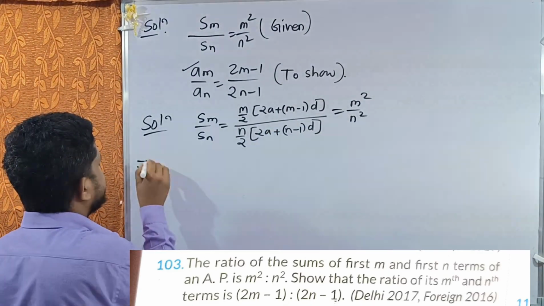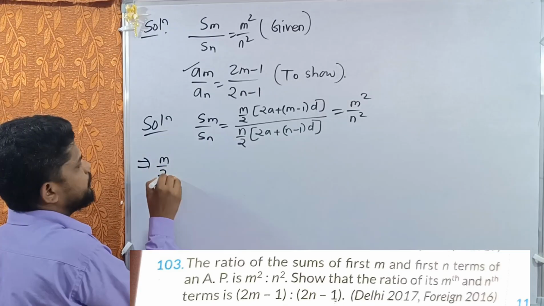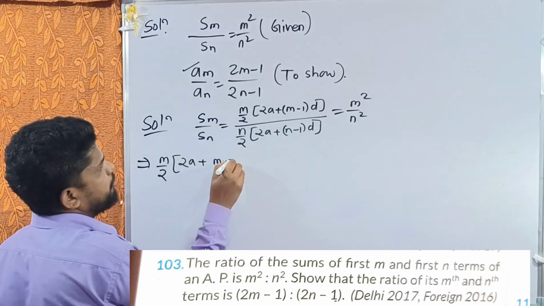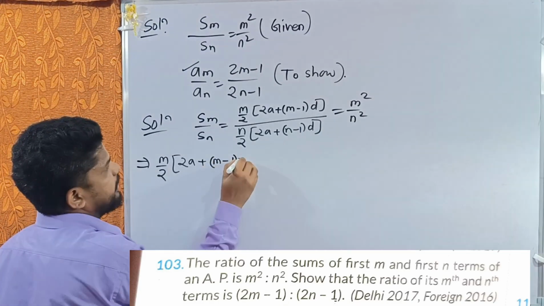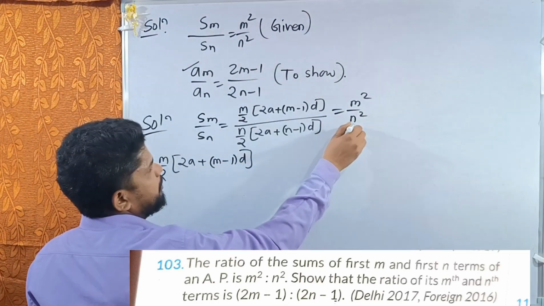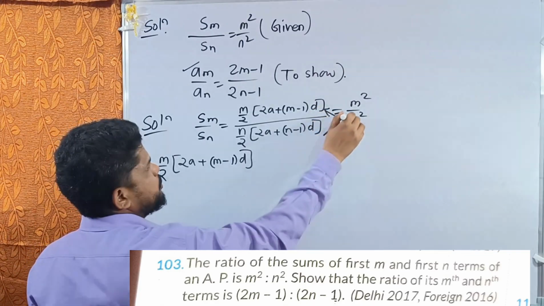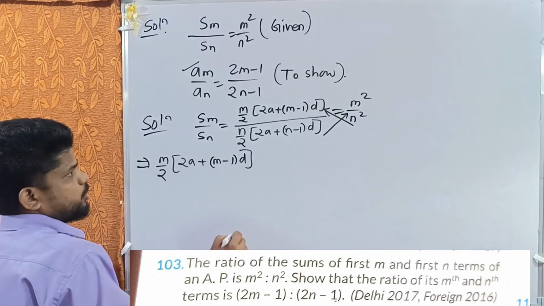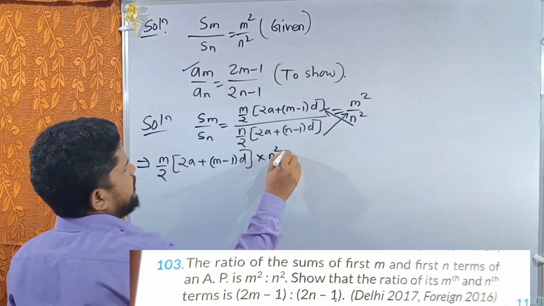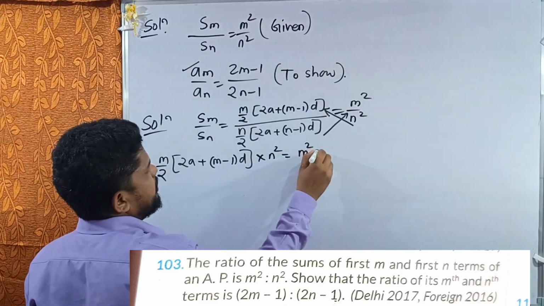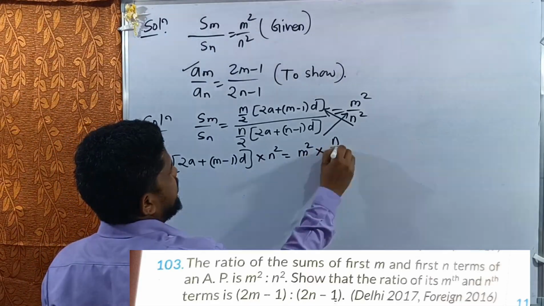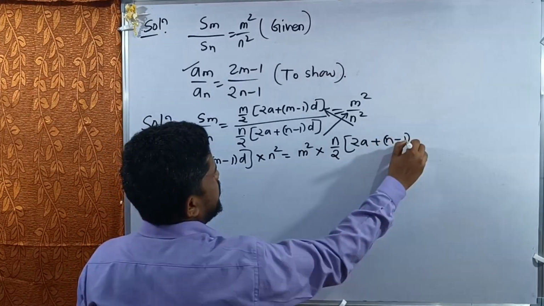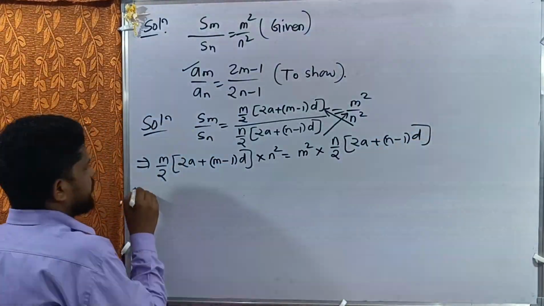We will get m by 2 into (2a plus (m minus 1) into d), multiplied by n square, which equals m square into n divided by 2 into (2a plus (n minus 1) into d).